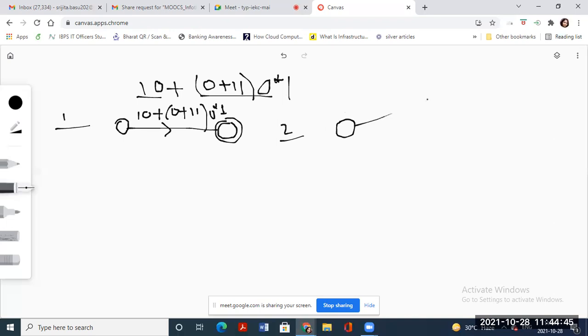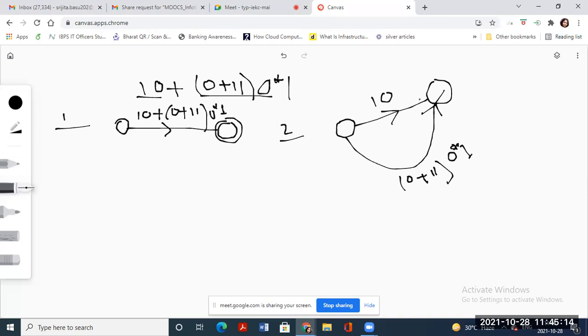So just take an arc from here, label it as 10, going to one state. And another over here, again going to the same state. The label will be 0 plus 110*1.